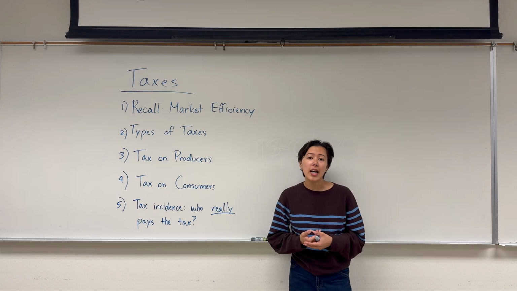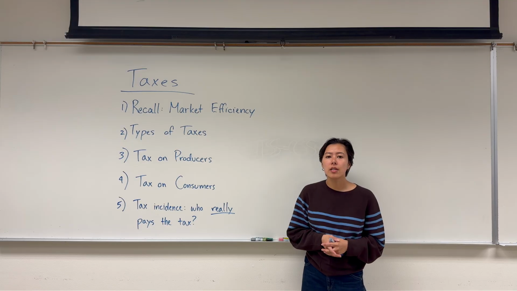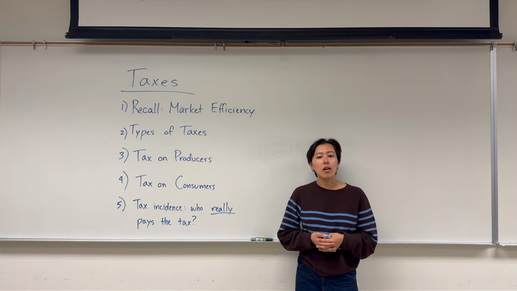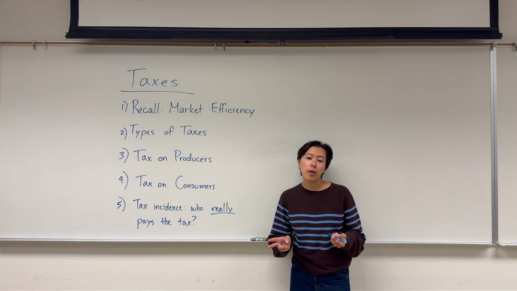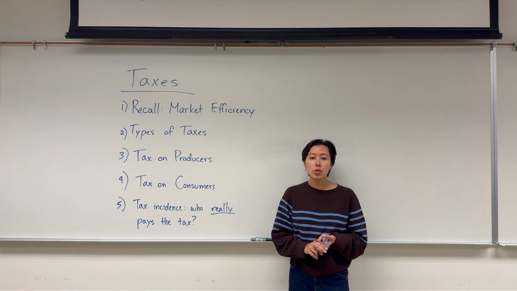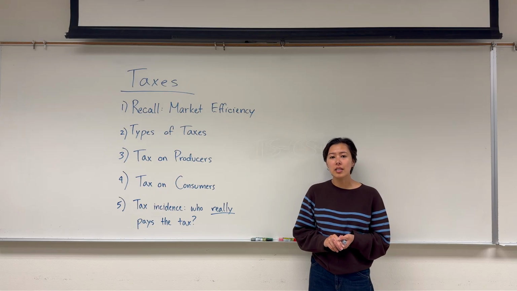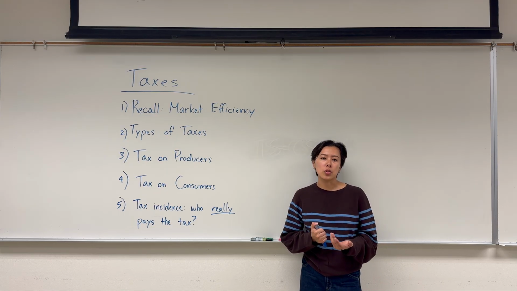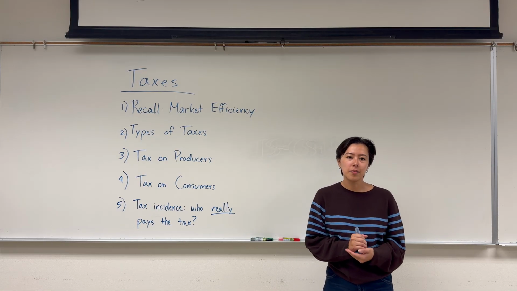Now, this topic of taxes goes hand in hand with our discussion of welfare economics. As a reminder, when we talked about welfare economics, we looked at two different measures for market value. We had our consumer surplus, which is the benefit that our buyers get from participating in the market, and we had our producer surplus, the benefit that our sellers get from participating in the market.